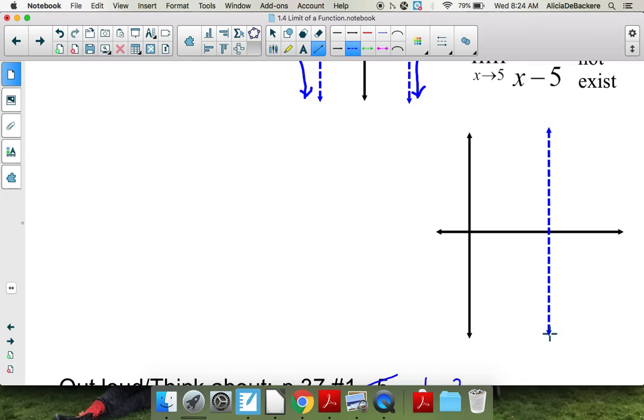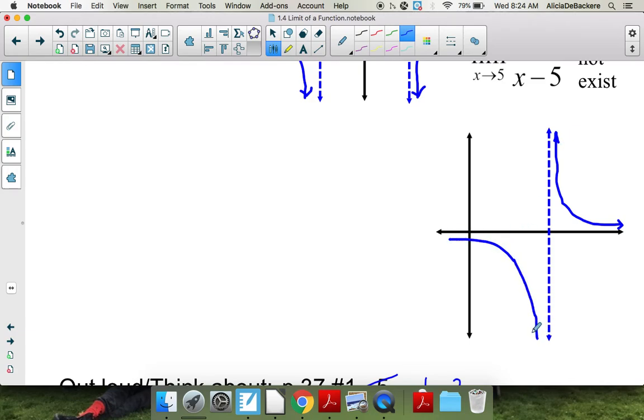It's got a horizontal shift 5 units to the right, and then it's just a regular reciprocal graph. Nothing has changed about it, so I know that this side looks like this, and this side looks like this.